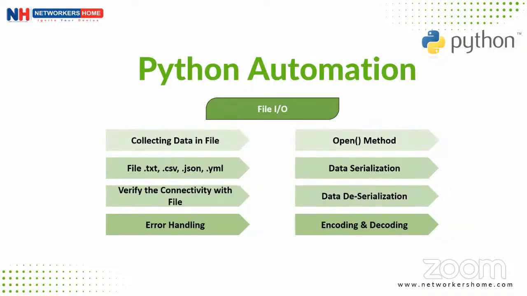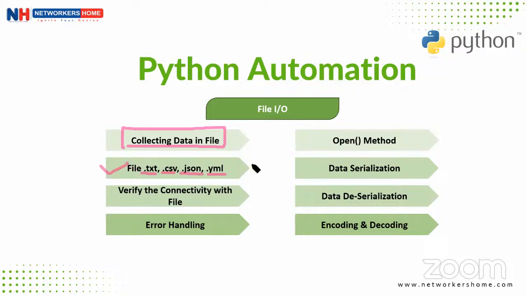So next we'll discuss the operations we will perform on files, the input output operations on a file. As we discussed earlier, we will be collecting data from different varieties of files like text files, CSV files, JSON, and YAML files. We will verify connectivity with networking devices and Linux environments, which may be virtual or physical, with a file.